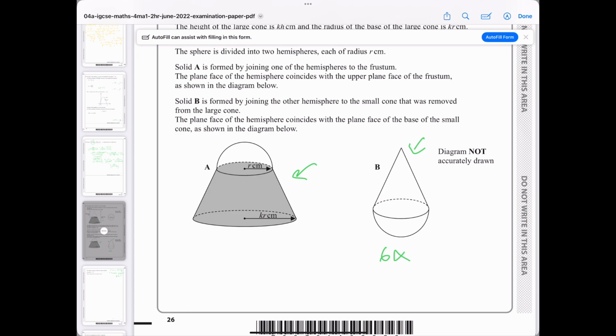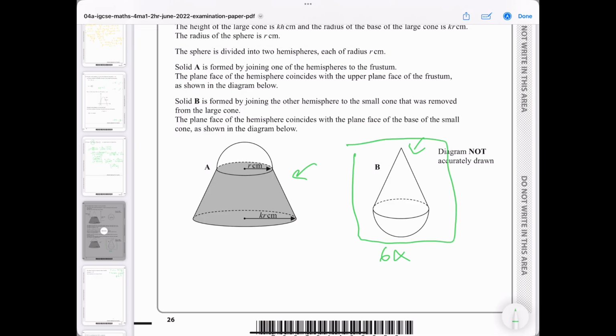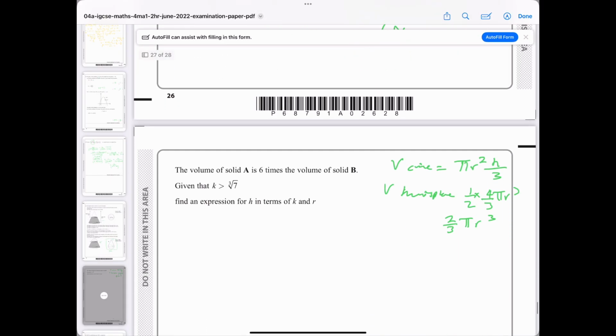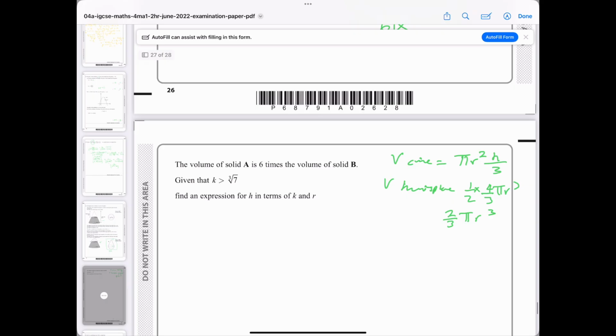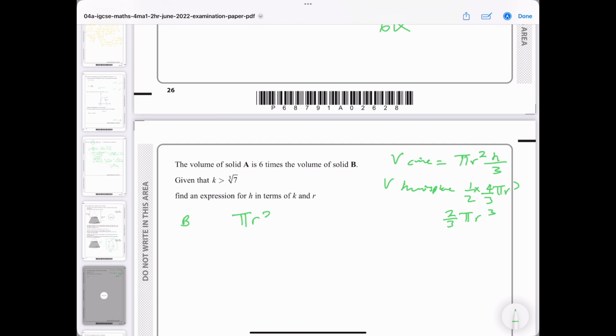Right, so now to find the volume of B, that's quite easy, we know the height is h and the radius is r, so B is going to equal pi r squared h over 3 plus 2/3 pi r cubed.